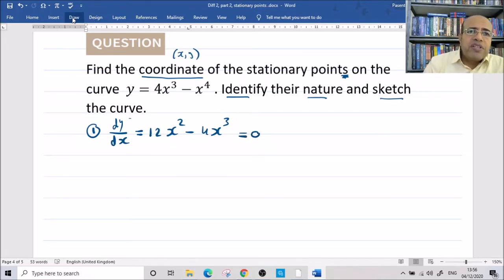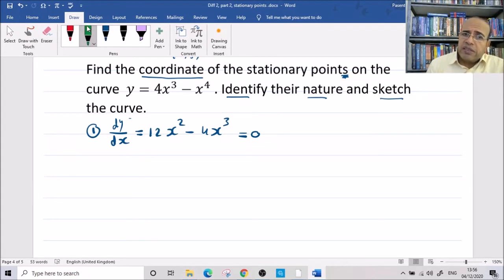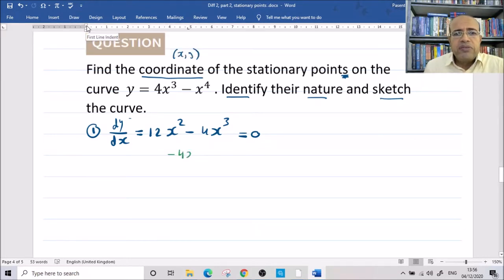How can we solve this by using the calculator fx95? Rearrange that formula. When you rearrange, we write negative 4x cubed plus 12x squared. After x squared comes x, but there is no x, so we write plus 0x. After x comes the constant. There is no constant, we write 0 and then equals 0.